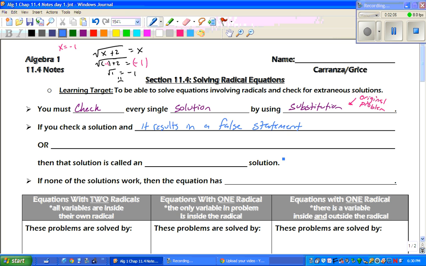So if it turns into a false statement or it results in square rooting a negative, then the solution is called an extraneous solution. And then if none of these are solutions, then the equation has no real solution, or NRS.